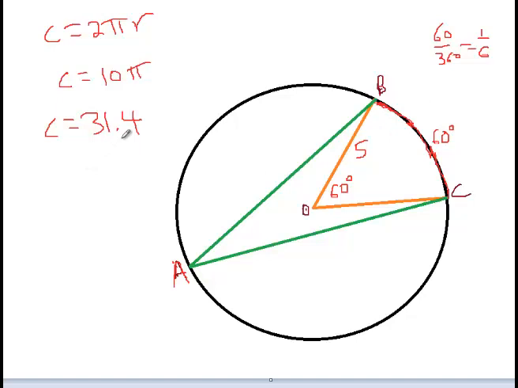I'm going to take 31.4 and divide by 6, and I get 5.23 approximately. So the length of arc BC would be approximately 5.23.